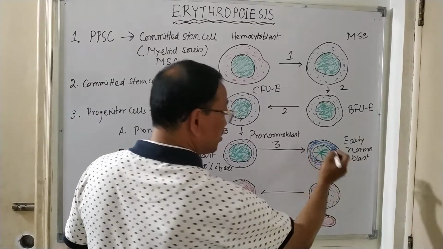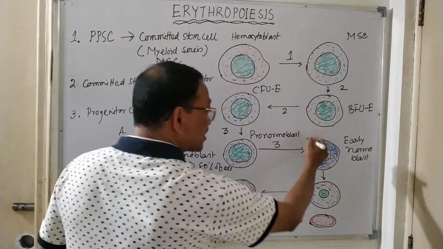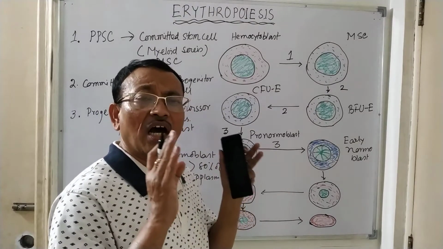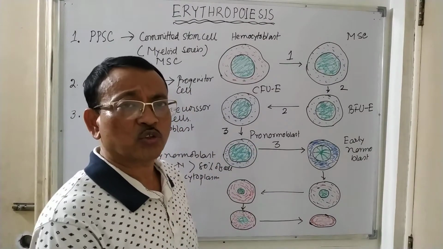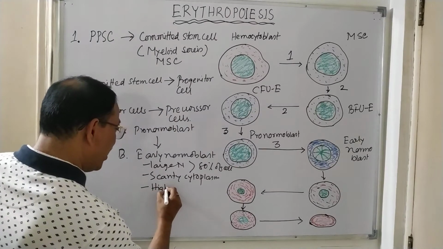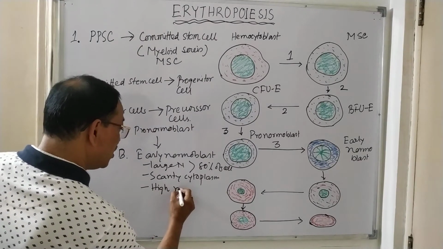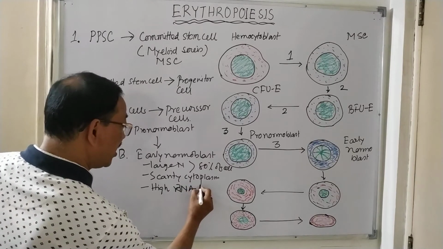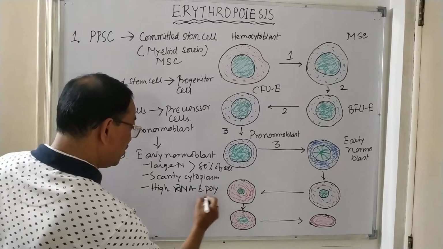Within the cytoplasm, there is a high quantity of RNA and polyribosomes.